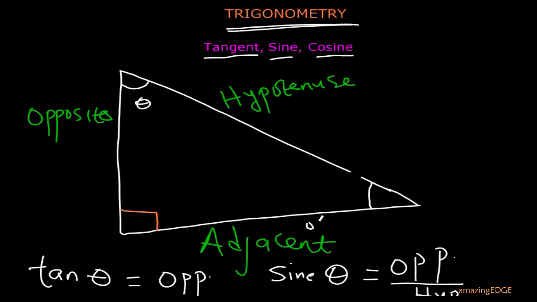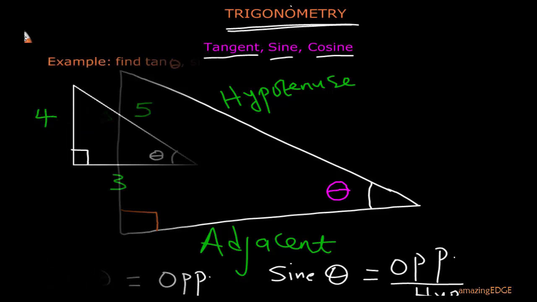So if our theta is here, that means here could be opposite. When working with examples, we are going to see where we take different positions of theta. But for this particular case, we allow theta to be in this position. So in the next videos, we'll be looking at examples of how to evaluate the tangent of an angle, the sine of an angle, and the cosine of an angle.